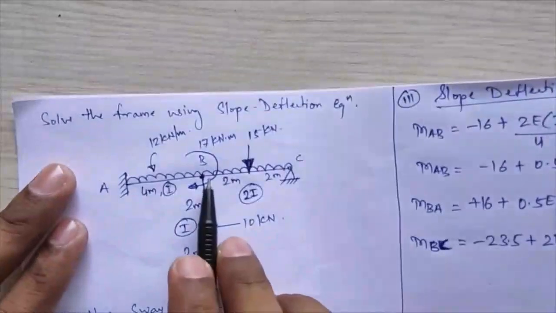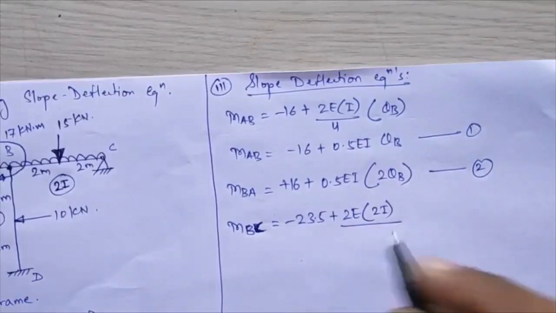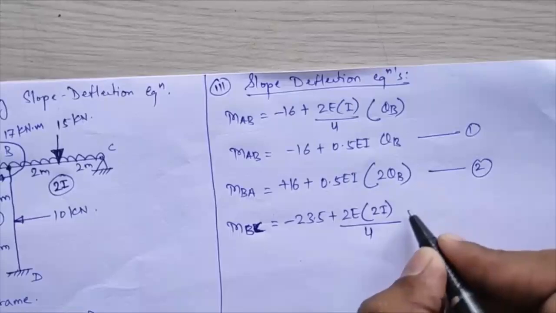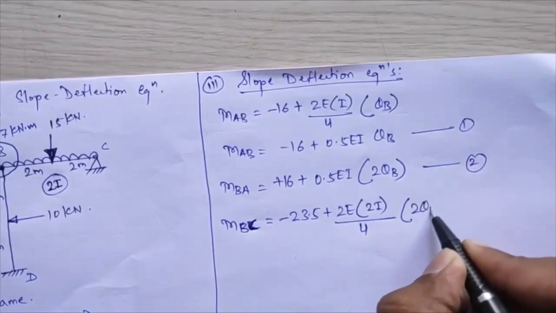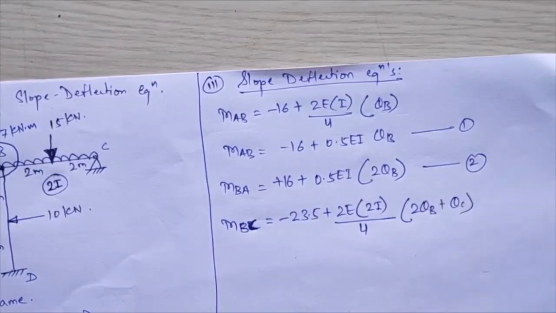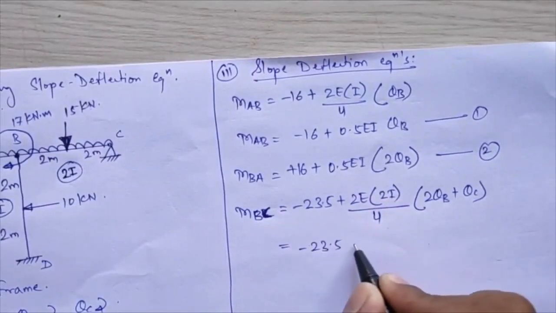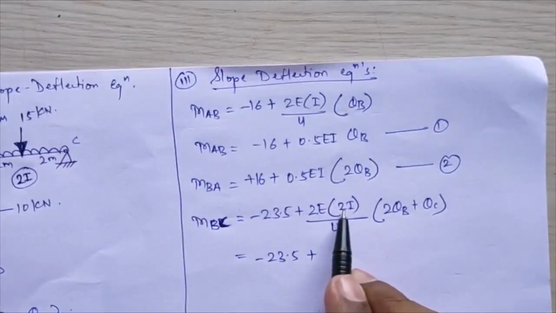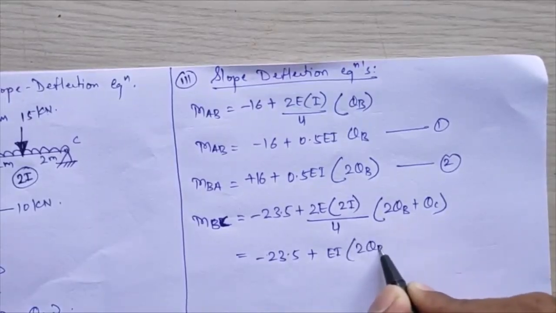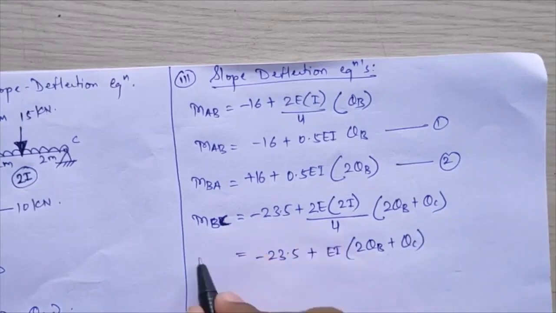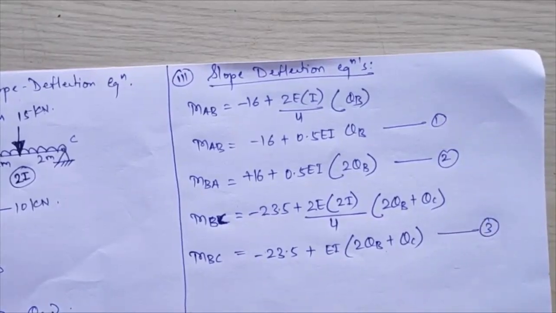The I value for member BC is 2I, divided by the length of member BC, which is again 4, into the bracket. The near end will now be B and the far end will be C, so the near end rotation is 2 times theta B plus the far end rotation theta C. I'll simplify this further: minus 23.5 plus 2 into 2, that becomes 4 EI, 4 by 4, so just EI remains, times 2 theta B plus theta C. This will be my equation for member BC, which I will call equation number 3.